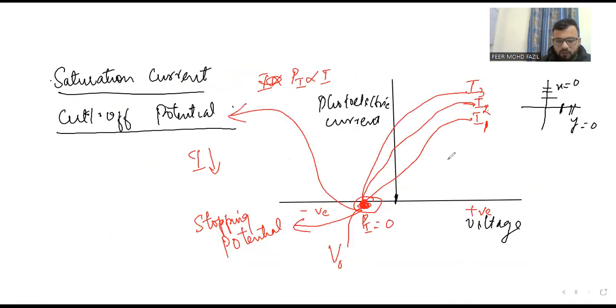So we understood how this graph is drawn, and why we have taken this point as the cutoff potential: because we have to increase the negative voltage, so I cannot take it here. So this was all about two important aspects, that is, on what things the photoelectric current depends.